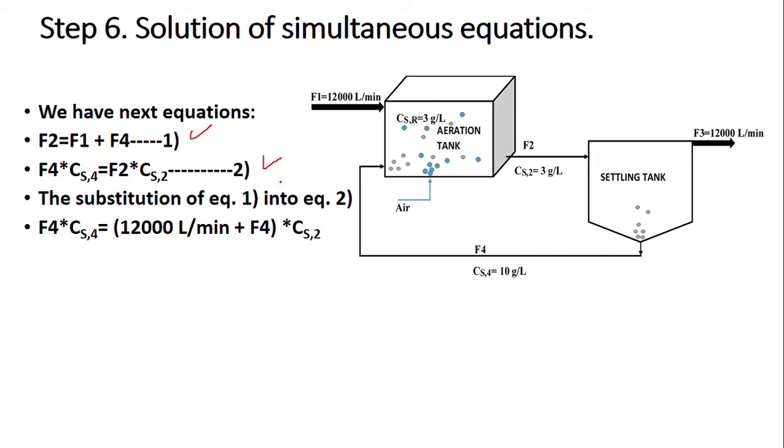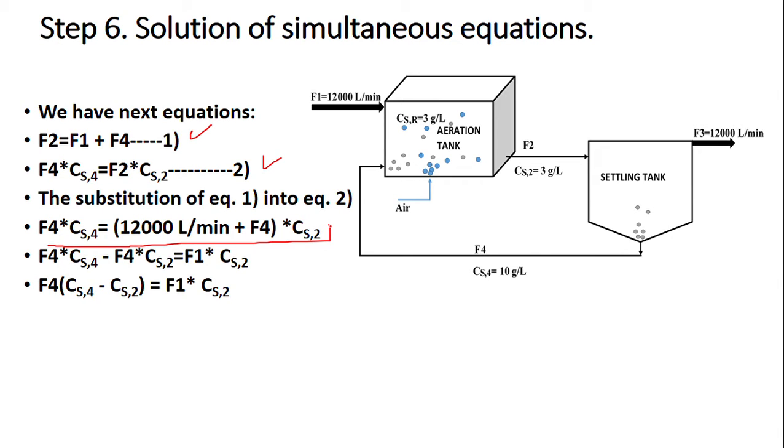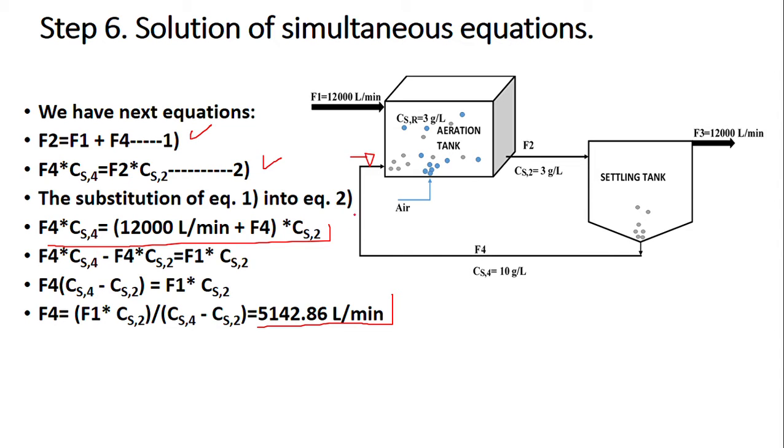So, the substitution of equation 1 into equation 2 provides this expression. After some simple manipulation, we determine F4, the activated sludge stream. The value is 5,142.86 liters per minute.